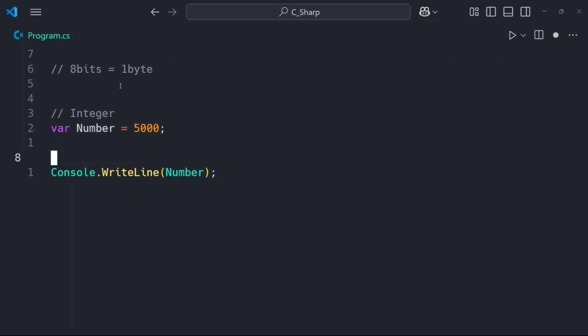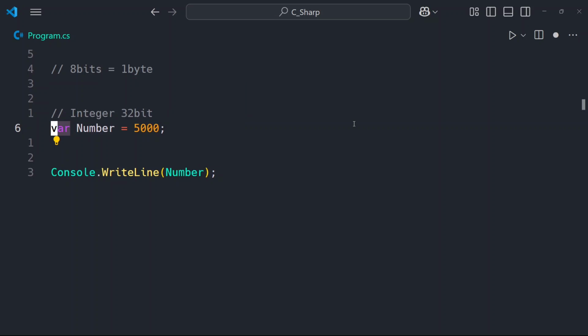Okay, int is 32 bits, and since 8 bits is 1 byte, 32 is what? Well, we divide it by 8, so that's 4 bytes.